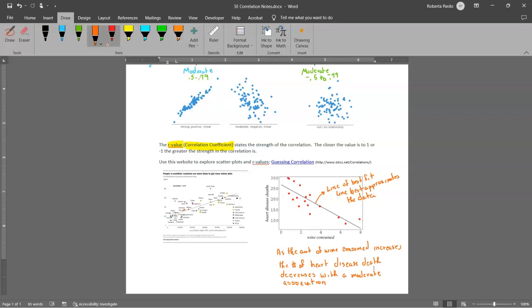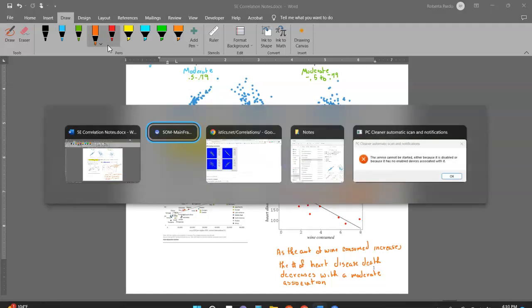Okay, so that's how we would write our sentence in terms of what this correlation means. So now let's look at a couple of other examples.